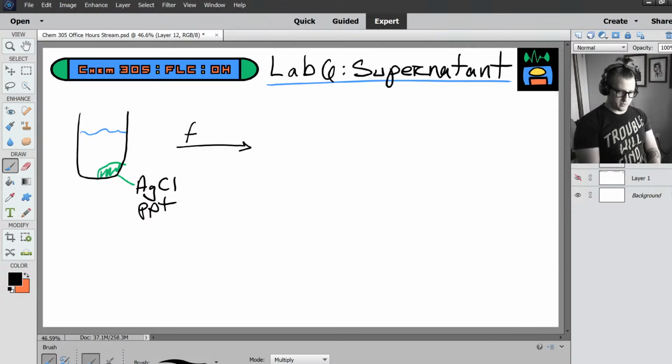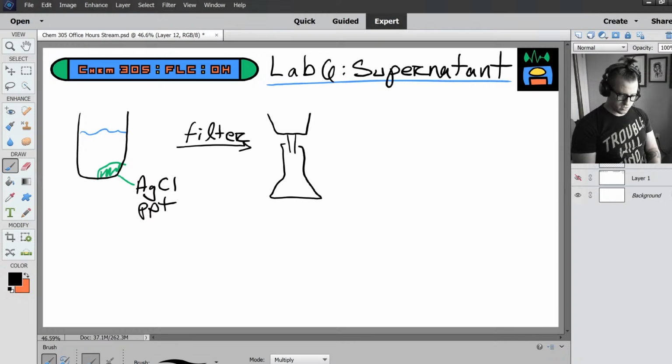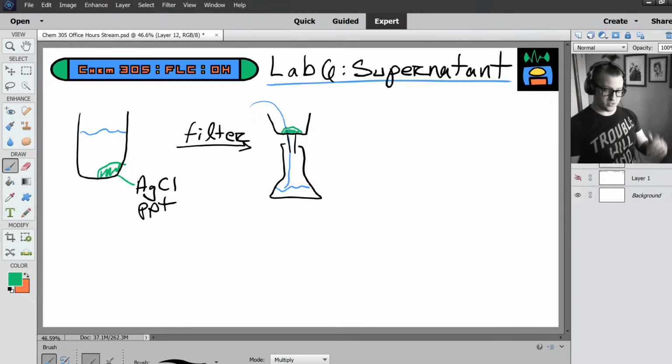And then what happens is we filter this, right? We filter this through a funnel and an Erlenmeyer flask. The solution goes through, and we're left with the precipitate on top of the filter, the filtrate through.